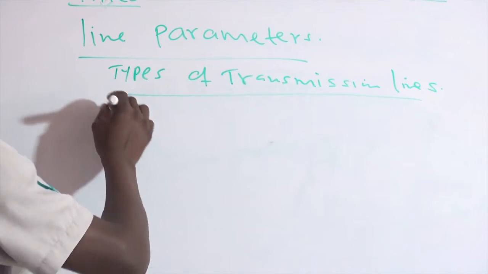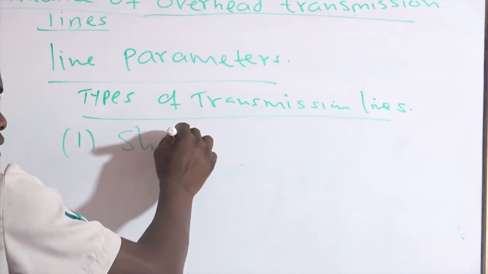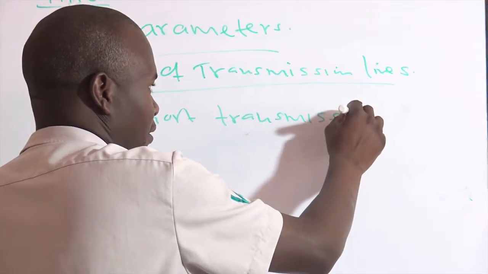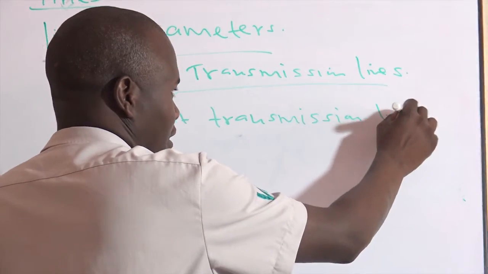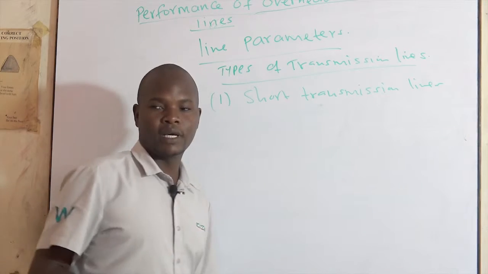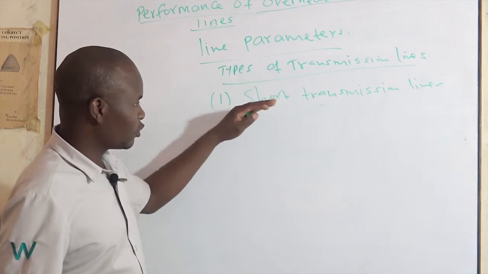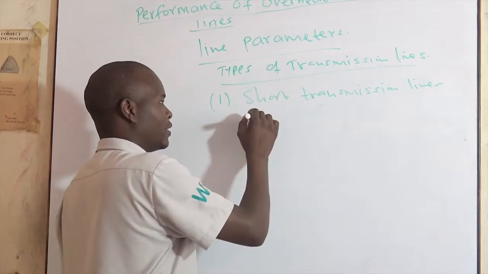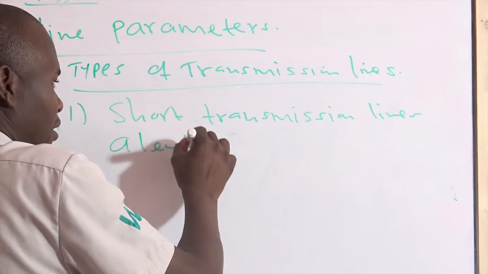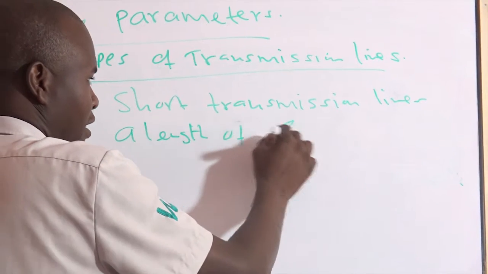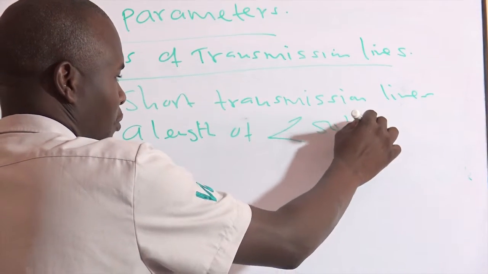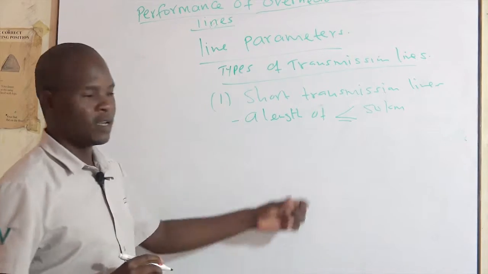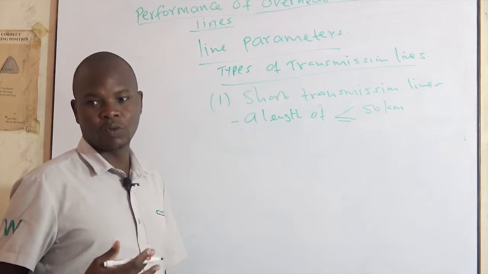Number one, short transmission lines. If a line has a length of less than or equal to 50 kilometers, we call that line a short transmission line.